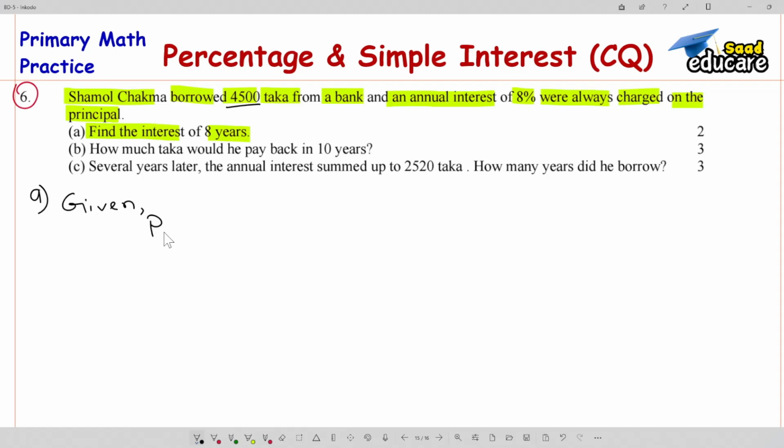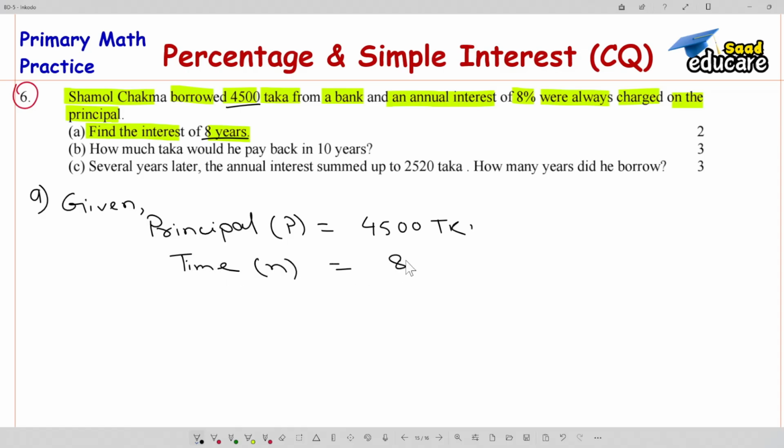It means this is the principal, which is P equals 4,500 taka. Okay, and here it mentions find the interest of 8 years. So time will be N, which is 8 years.